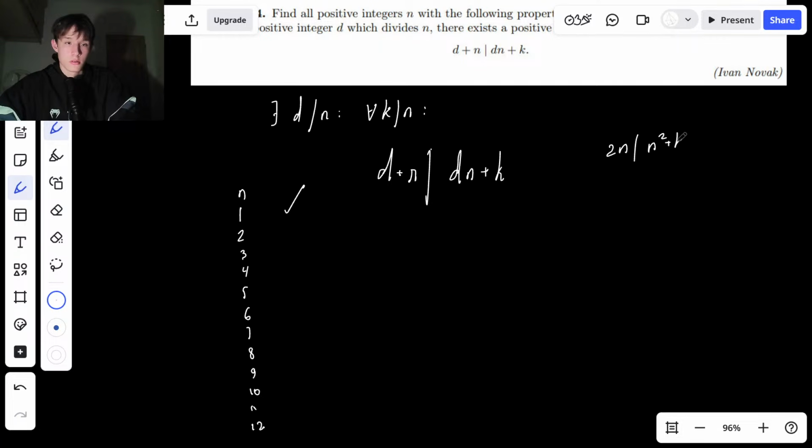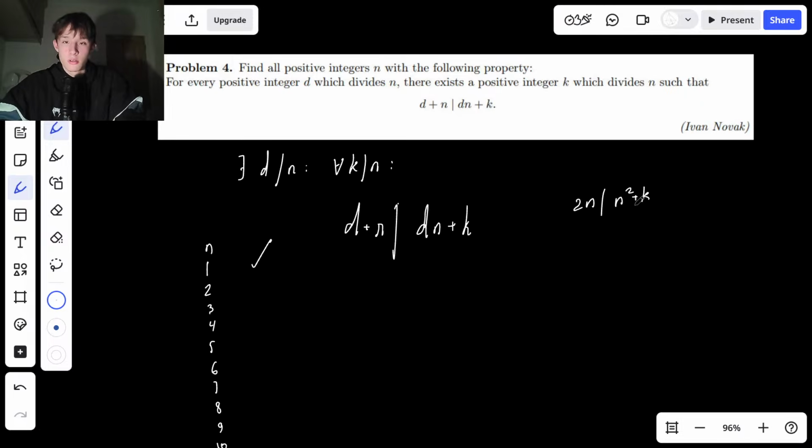That's what we want to show. We're doing this for n equals 2. For every positive integer d which divides n, for example d equals n, 2n divides n squared plus k.